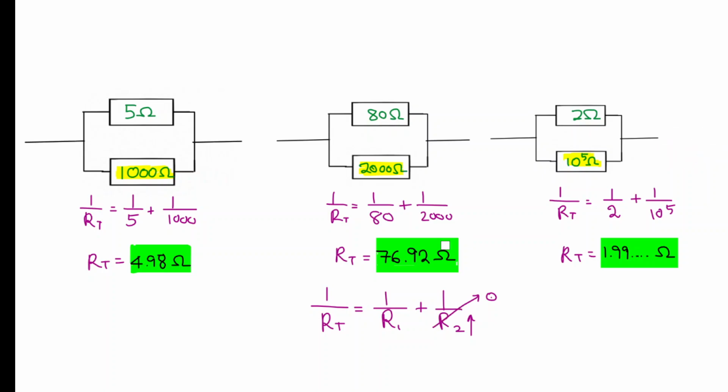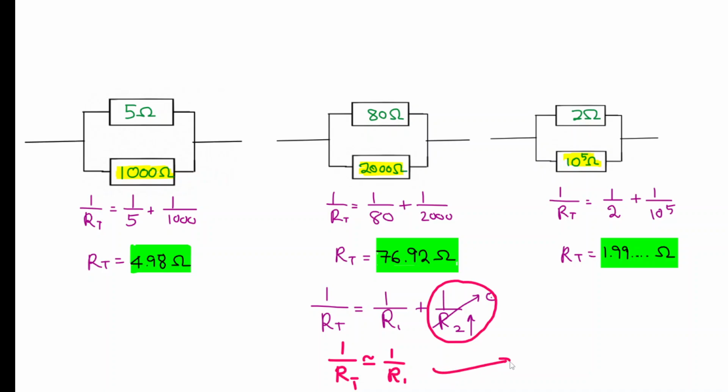So when the value of one of the resistors is very large, the reciprocal of that is nearly 0. So what that means is 1 over R total is approximately equal to 1 over R, the remaining resistance.